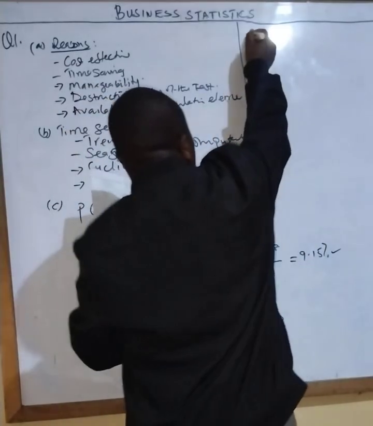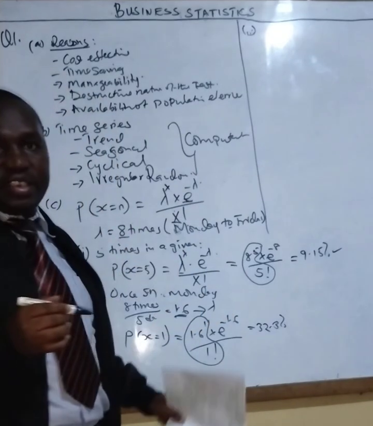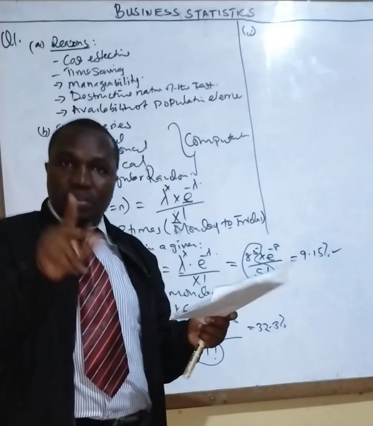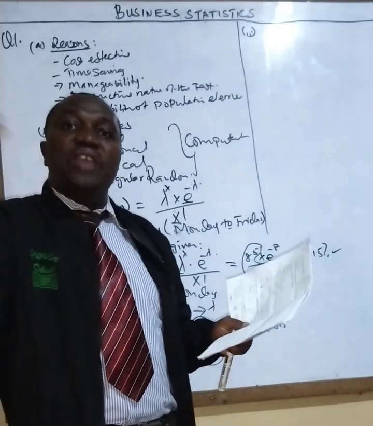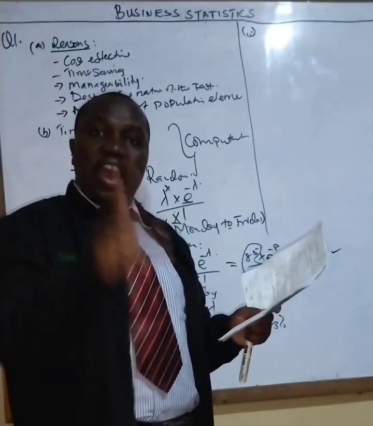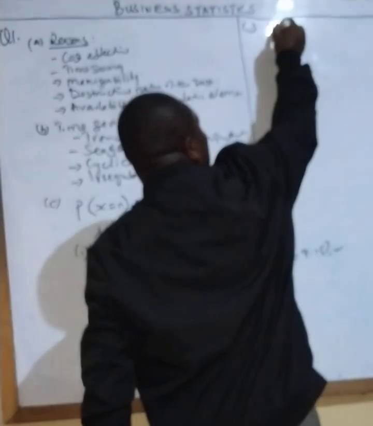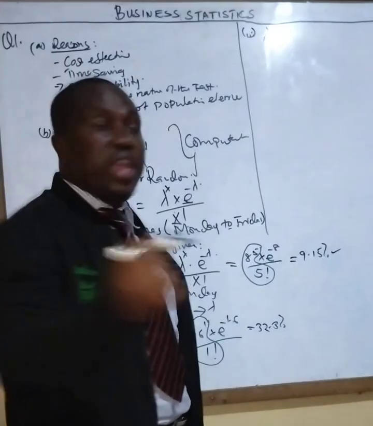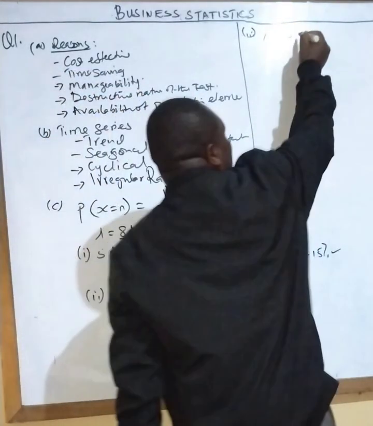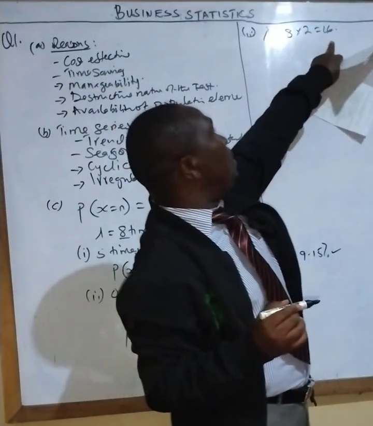Roman 3. Roman 3 is saying they are asked 8 times in a fortnight. What does it mean? It means, first of all, we have said 8 times in a week. Here they're saying 8 times in a fortnight. So for your mean, in a week it is 8 times. What about 2 weeks? That is a fortnight. So you multiply by 2. Your answer is 16. So then it means that your lambda is 16.